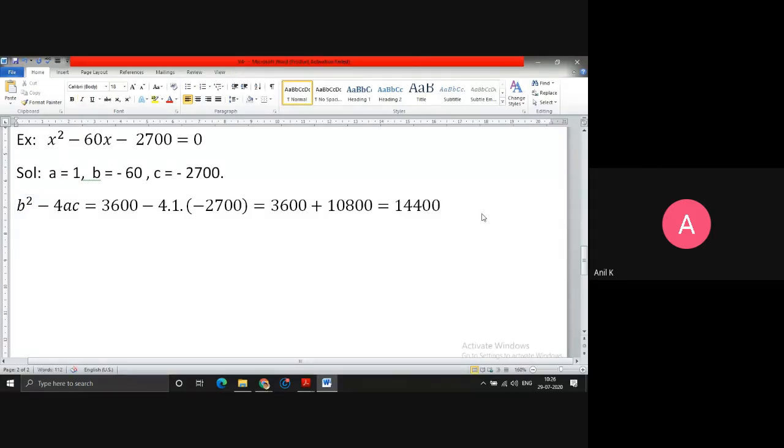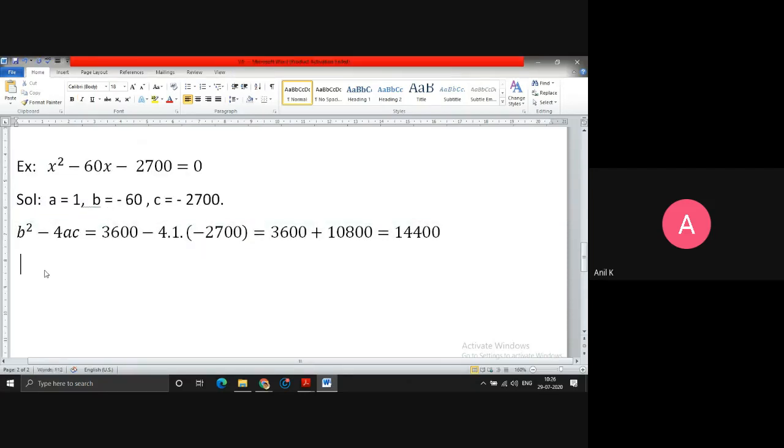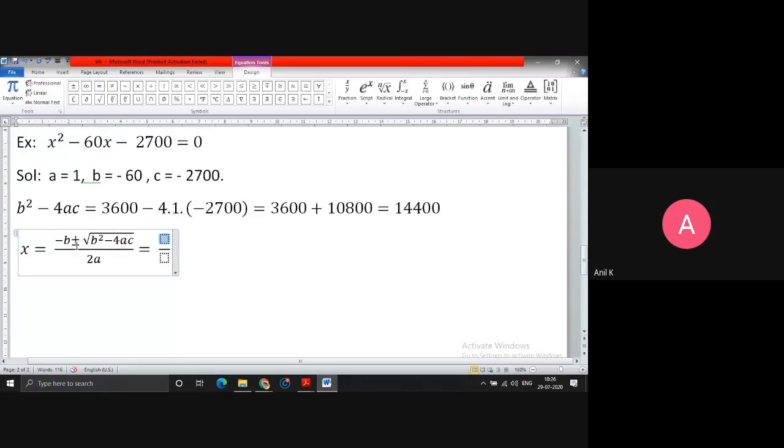Okay, now let me take the formula once. This is my formula. What I suggest, when you are solving exercise questions, is to write the formula each and every time so that it will be stored in your mind automatically. No need to remember it separately. So minus b. I'll try to simplify the number of steps. Minus b means minus of minus 60, so I'll put 60 directly, plus or minus.